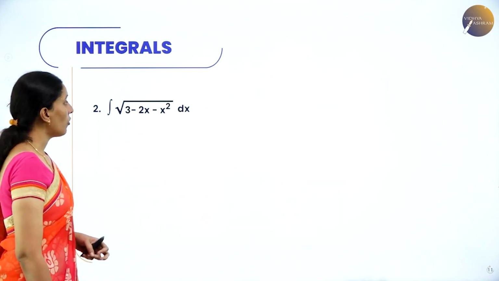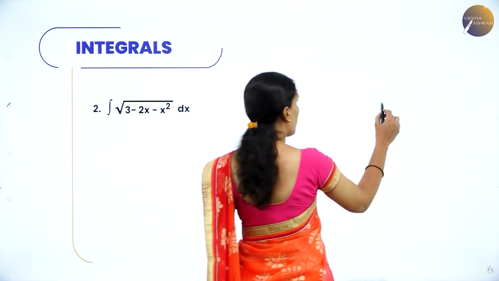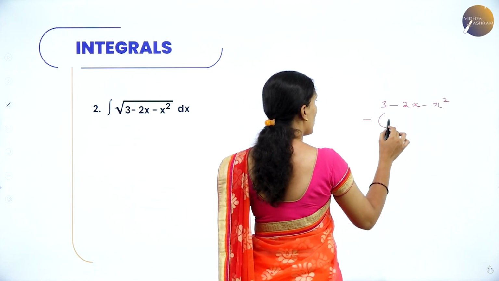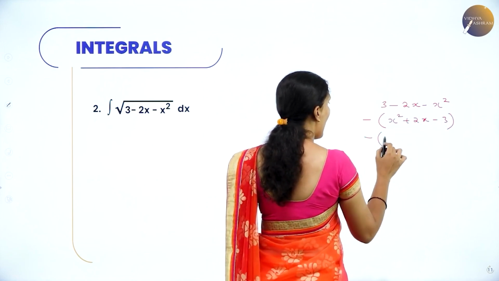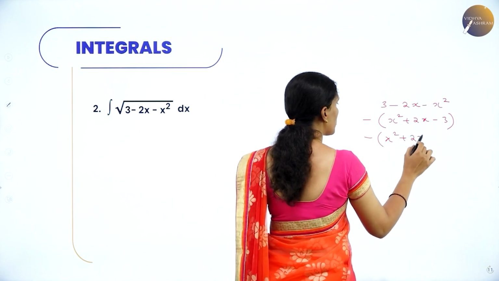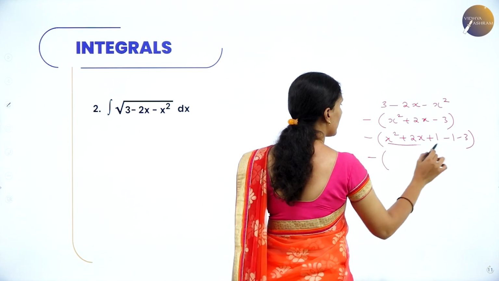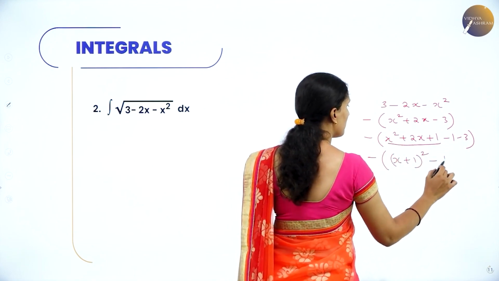Next, root of 3 minus 2x minus x square. So let us see what is 3 minus 2x minus x square. Take minus outside, then it is x square plus 2x minus 3. Add 1, subtract 1. Then this is a plus b whole square, and here it is minus 4.